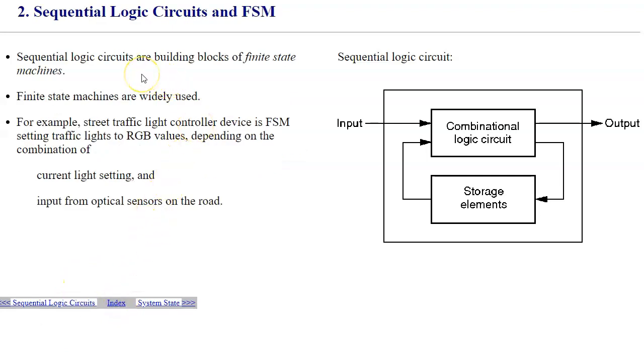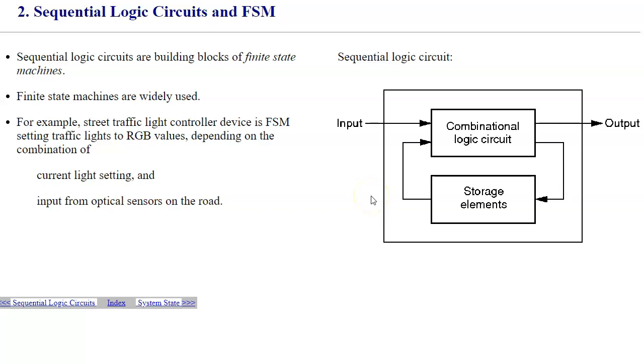Sequential logic circuits are building blocks of finite state machines, because when we cycle through states in a device, basically we're transitioning from one state to another state, and the combination of all states would basically organize this device as a functioning finite state machine.